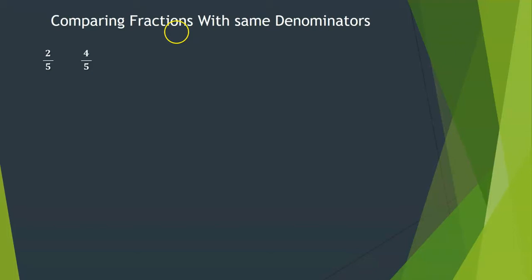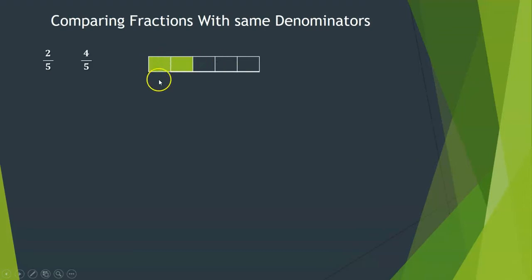What do you think? Is 2/5 greater or smaller than 4/5? Of course, it's smaller because I only have 2/5. Let's see by a diagram to make it more clear.